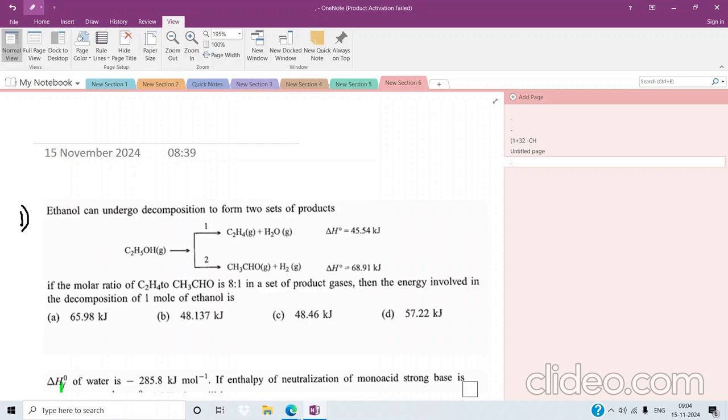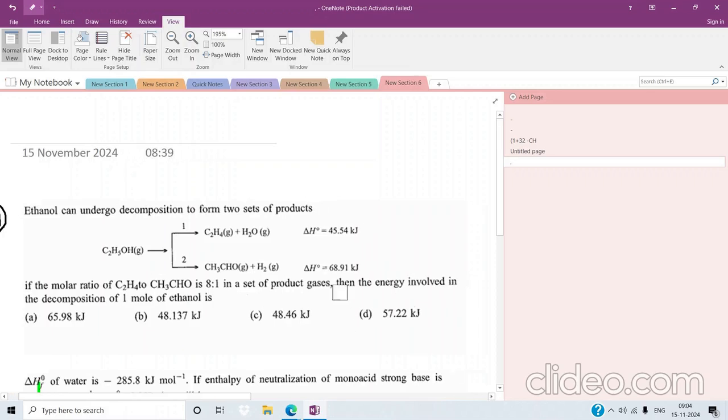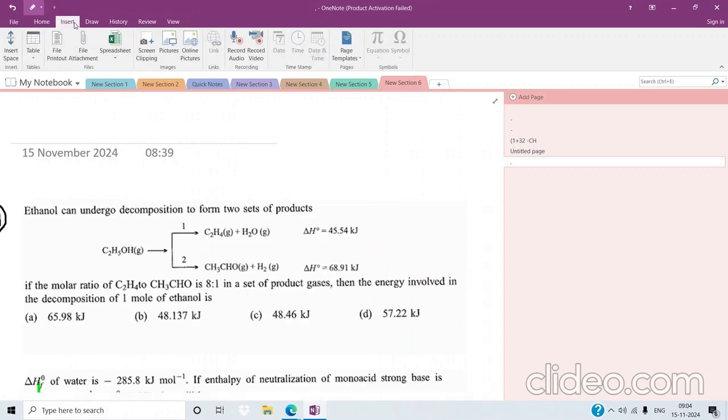We could just take 2 moles of ethanol and convert that for 1 mole. But here the product percentage differs, in an 8:1 ratio. So we have to write one more equation, and from that we can get the data.